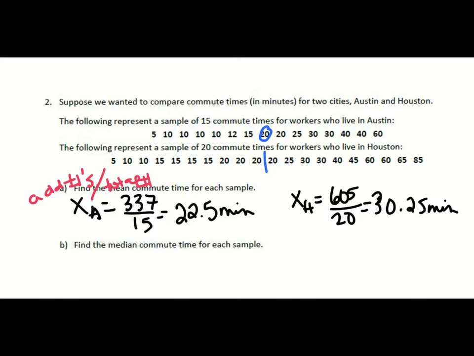And then for my median, you're going to find the middle. So my median for Austin was 20. My median for Houston is 20. So you'll see the median for both of those is the same. On the next screen, they want you to mark the median and the mean for both of them. So we're going to write those on the next screen.